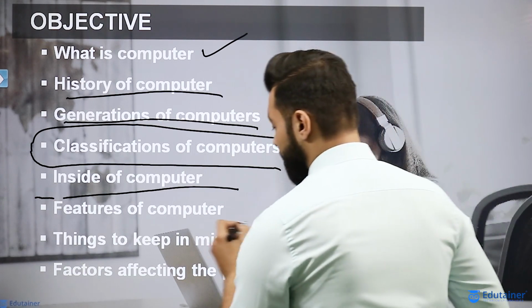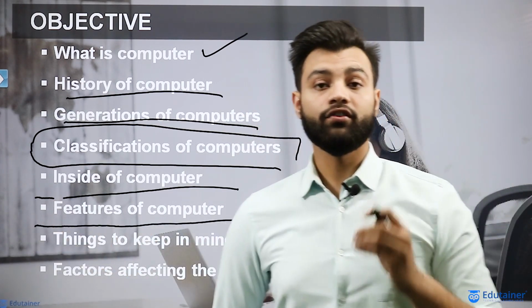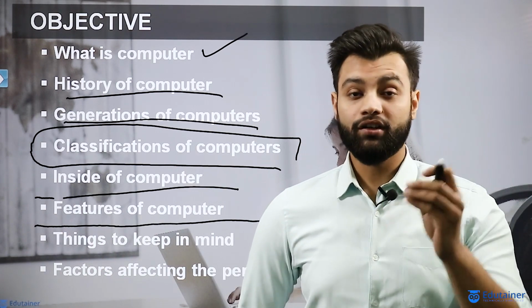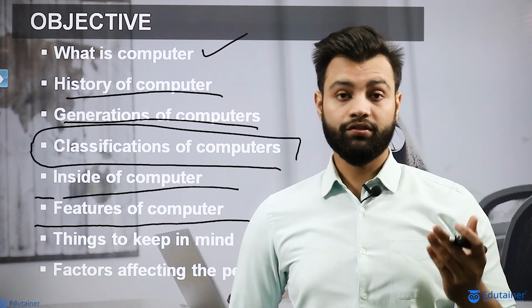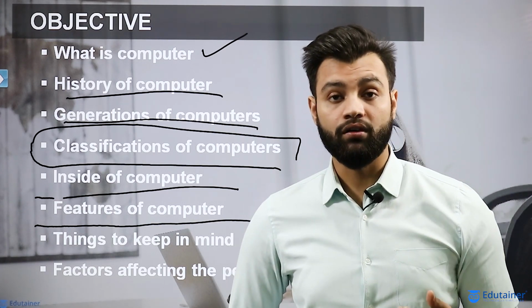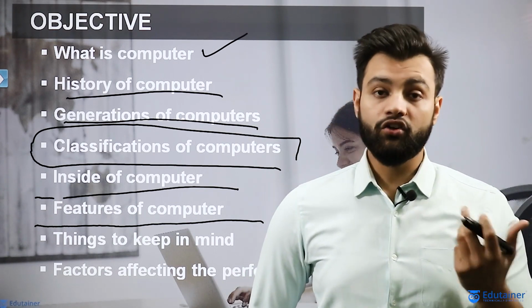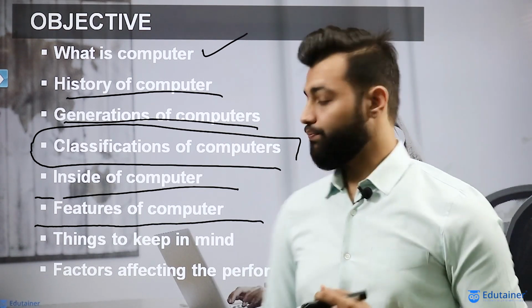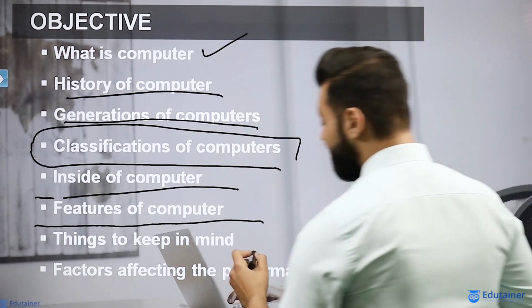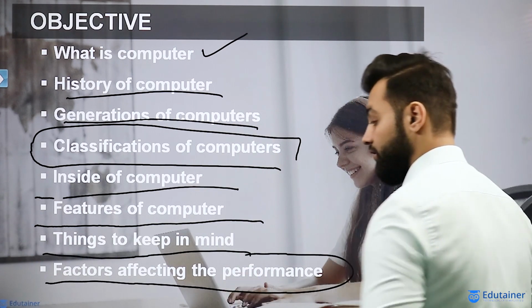Then we will be talking about the features of computers, because features are also important. You should know the characteristics and features of a computer, like what it is capable of. Then we will cover the things to keep in mind and the factors that affect performance.